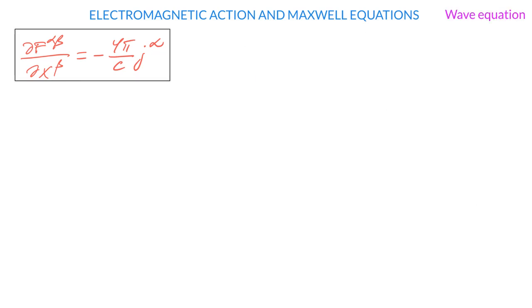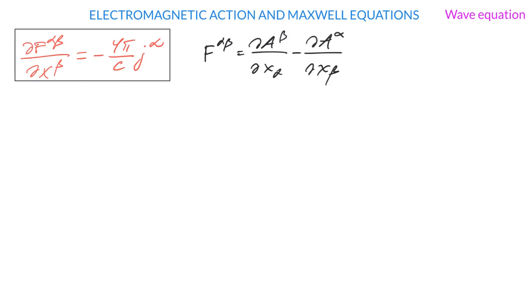Finally, let's write the wave equation in covariant form. So starting from this equation here and recalling that F alpha beta is dA beta/dx alpha minus dA alpha/dx beta, and substituting in the equation, we'll find two terms with second derivatives of the potentials.